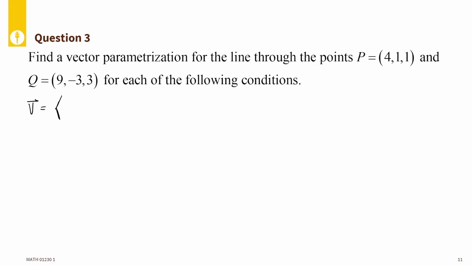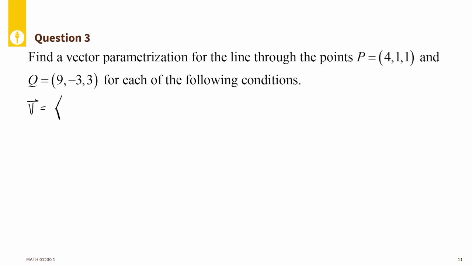Q minus P. Define what you mean by Q minus P. The components. Technically speaking, you can't subtract a point from a point. That doesn't make sense. But if you're talking about subtracting the components, then yes.